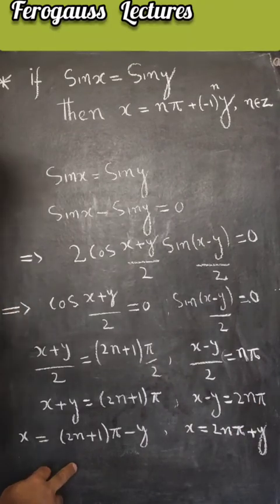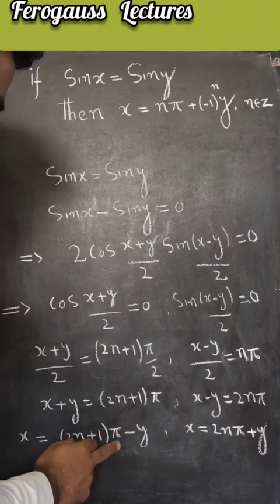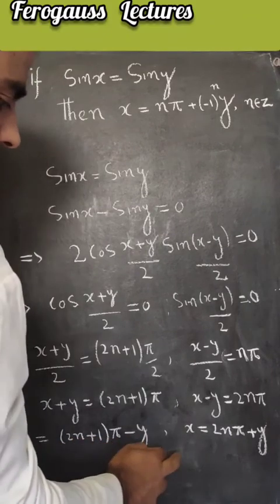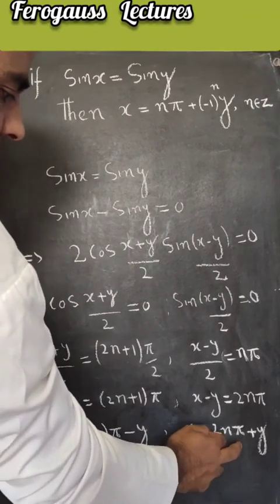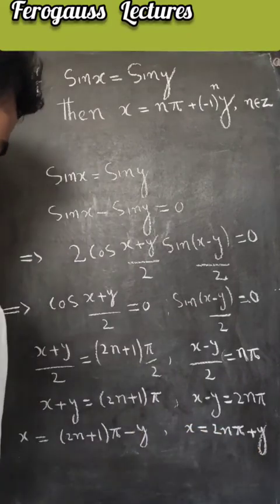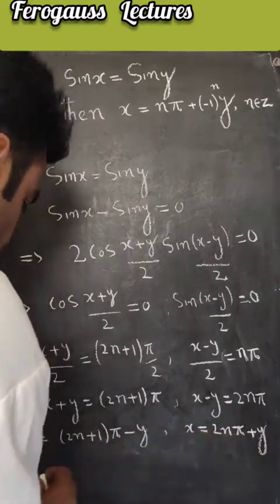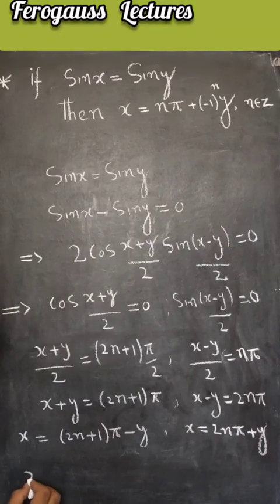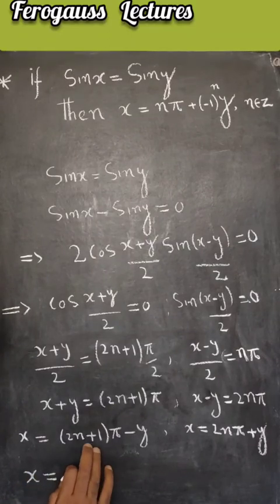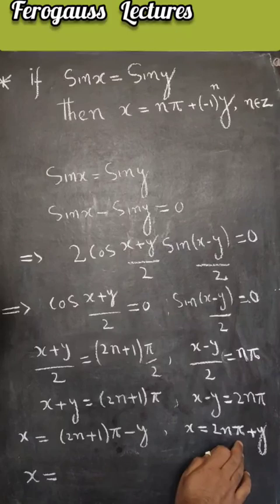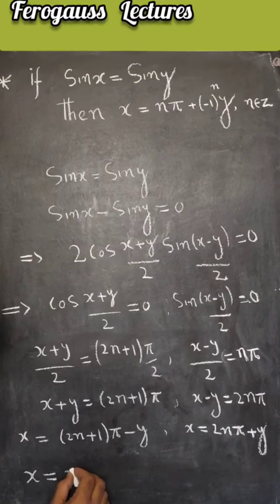Now in this case we have odd multiple of pi minus y, and in this case we have even multiple of pi plus y. So if we combine these two, we can write x is equal to n pi, which represents both odd as well as even.